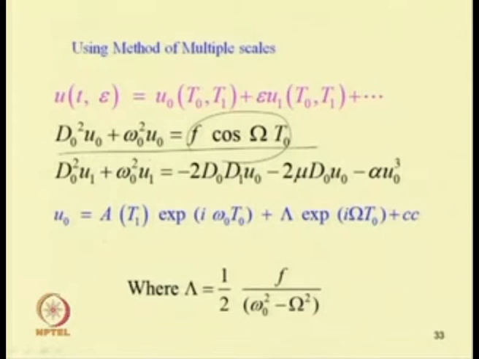So, the complementary part becomes a of t 1 e to the power i omega 0 t 0 plus its complex conjugate, that is a bar e to the power minus i omega 0 t 0, and the particular integral part will be equal to half f by omega 0 square minus omega square into e to the power i omega t 0 plus its complex conjugate.